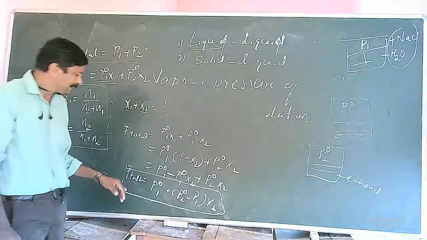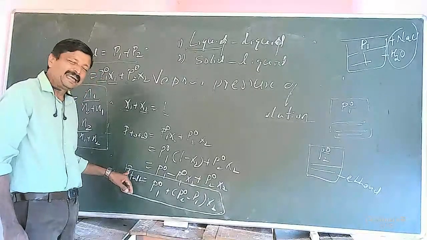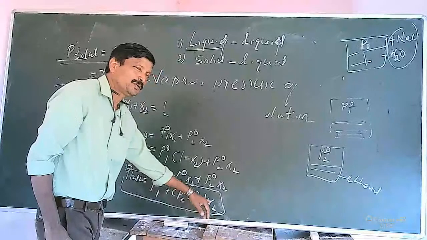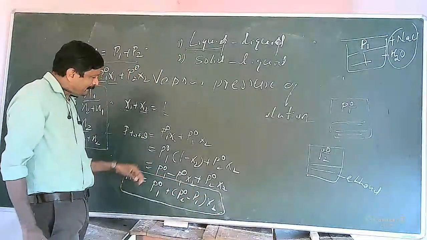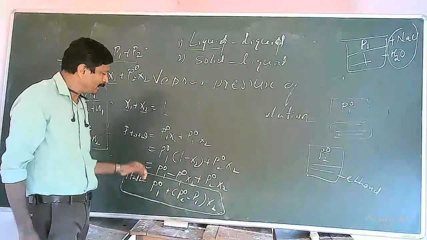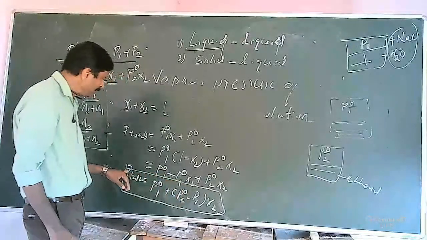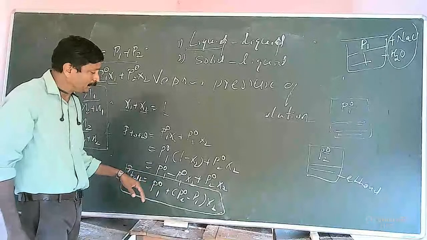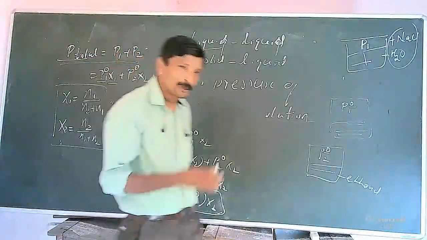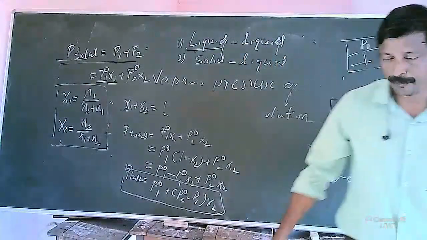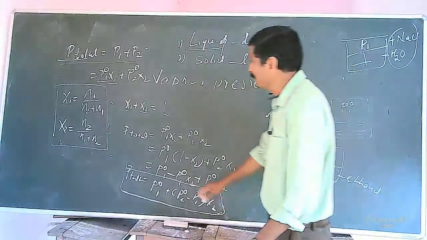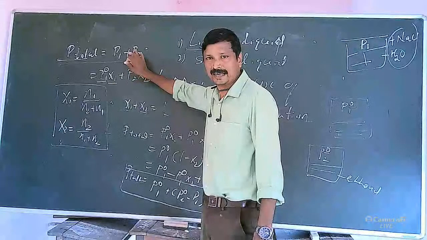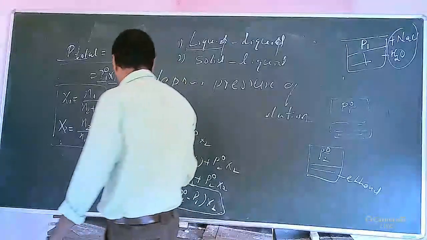From this equation, what is clear is that P total is directly proportional to the mole fraction x2. Or you can write it in terms of x1 also. That means the total vapor pressure is directly proportional to the mole fraction of component 1 or component 2. So you should remember these two equations. P total is equal to P1 plus P2, this is Raoult's law equation.